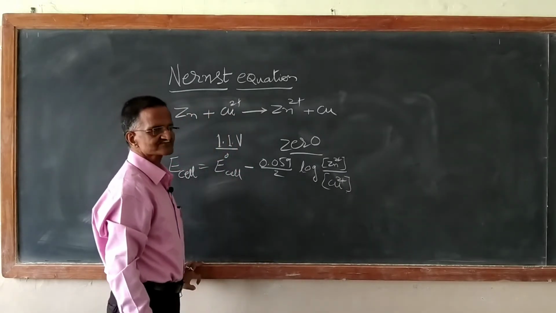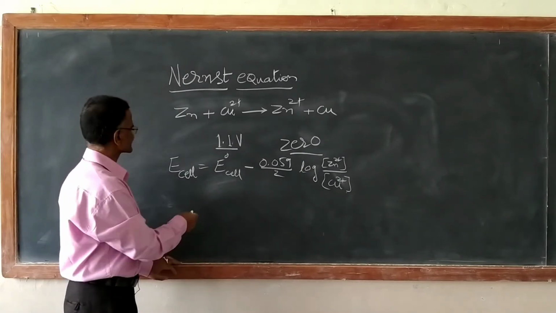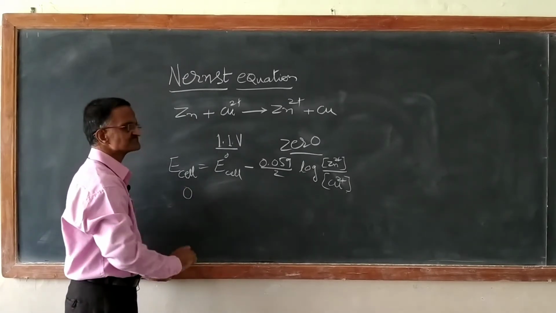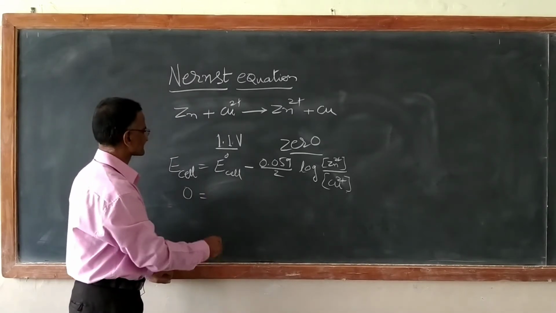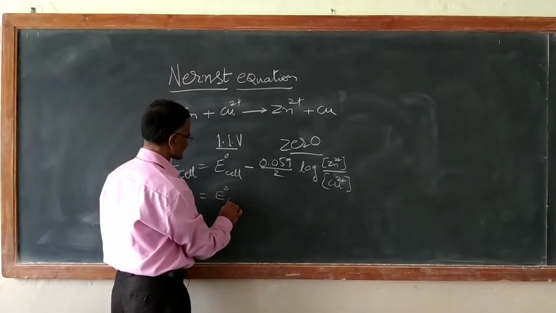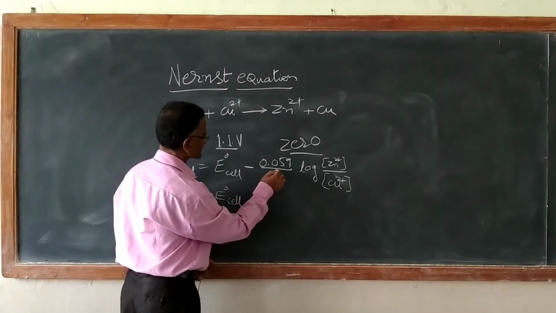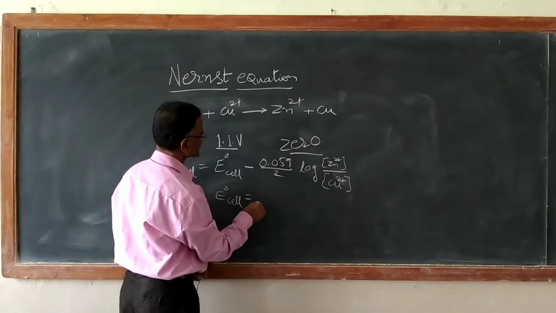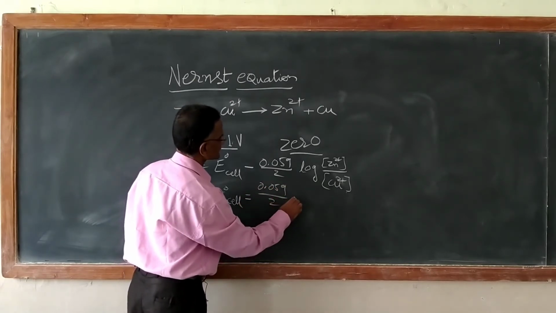So once I don't derive any voltage from this, that means E cell equal to 0. That means E inert cell must be equal to 0.059 by 2 into log.